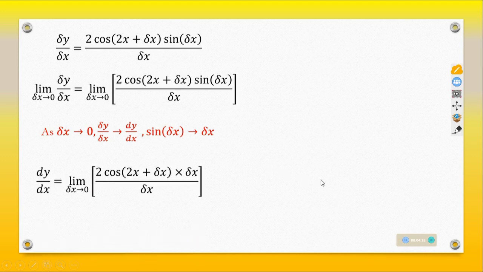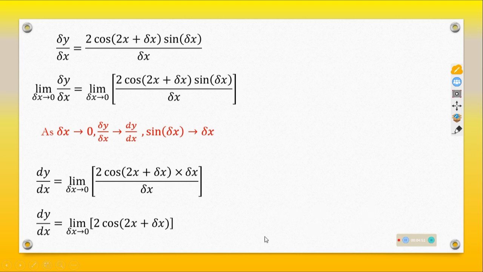So dy dx is equal to the limit as delta x tends to 0 of 2 cos of (2x plus delta x) times sine delta x, where sine of delta x becomes delta x, divided by delta x. Delta x and delta x divide and give 1, so we remain with this expression here.